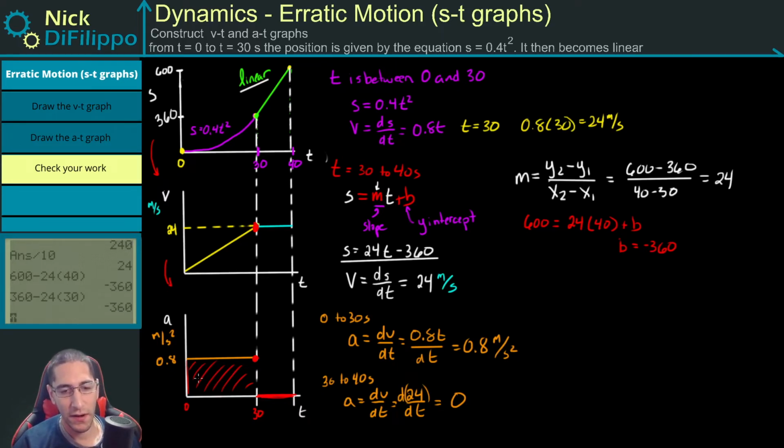And in general terms, this is an easy shape to do. I can say, all right, the area under this curve right here is a rectangle. I can say, and I'm just going to say this is my check, 0.8 times 30, and this gives me 24 meters per second, and that's what I thought I should get.